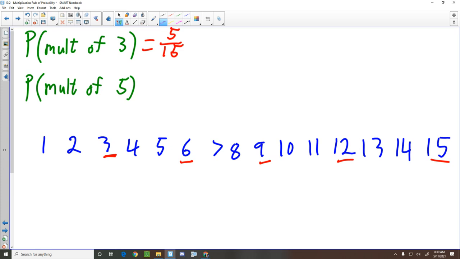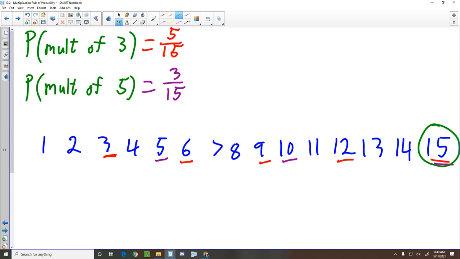And then how about multiples of 5? Well, that'd be 5, 10, and 15. That's 3 out of 15. And how many of those numbers are both a multiple of 3 and a multiple of 5? Well, that's just the 15.